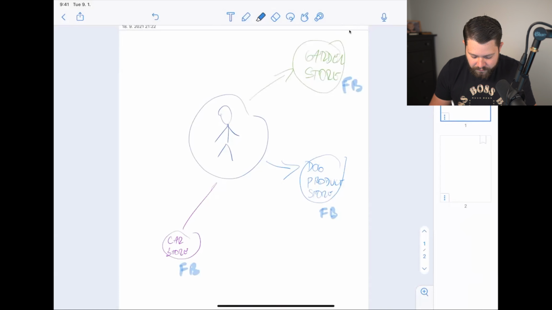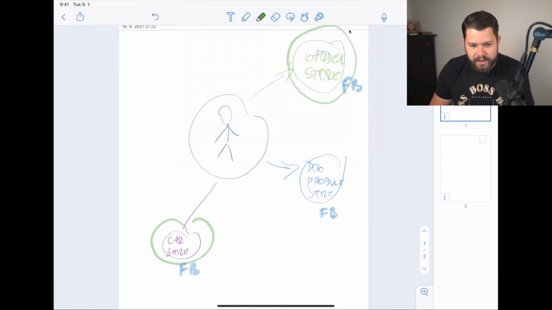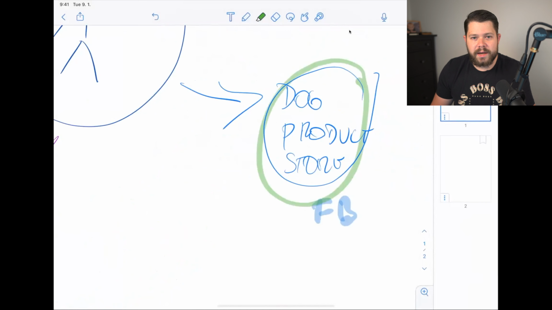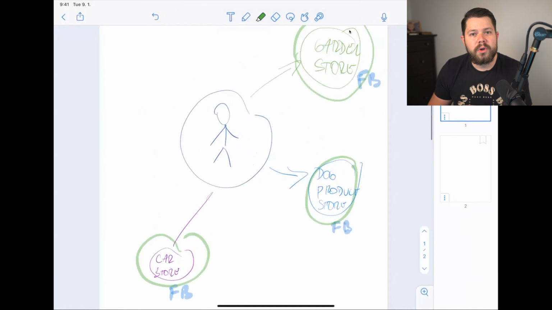Does Facebook think that this customer is a gardening niche buyer, or a car niche buyer, or a dog product buyer? How should Facebook look at that customer? Does Facebook see a dog buyer, a garden buyer, a car buyer, or an overall buyer?